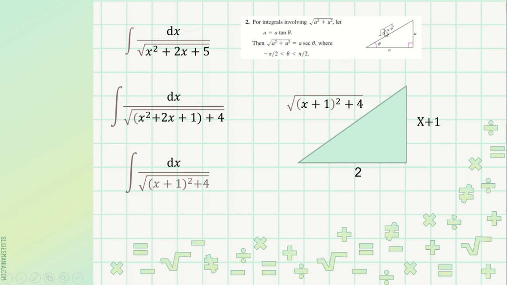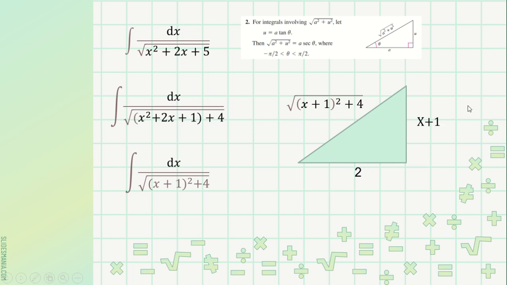In this case, a² plus u² is the denominator, so a is 4 and u is x plus 1. Since a² is 4, we need to square something to make it 4, and it will be 2 squared, because 2 squared is 4.